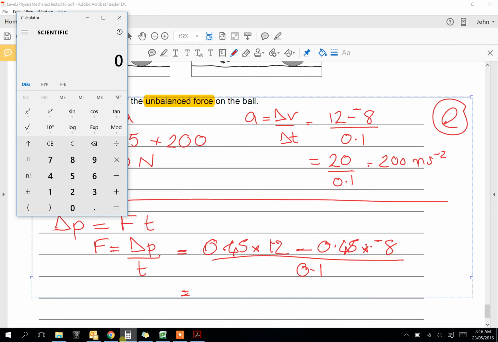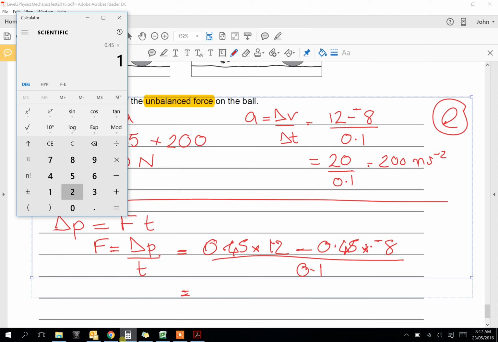This is doing something really funny. This has gone hypersensitive. 0.45 times 12 minus 0.45 times minus 8 equals, whoops, that's not right. Clear.